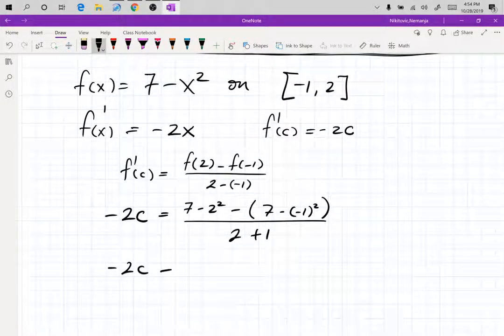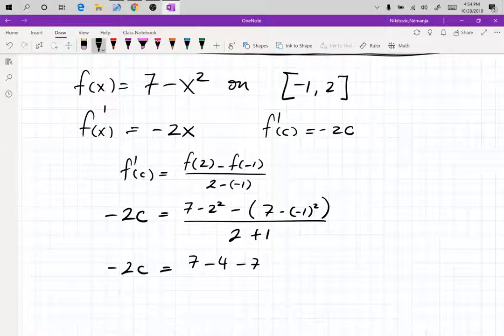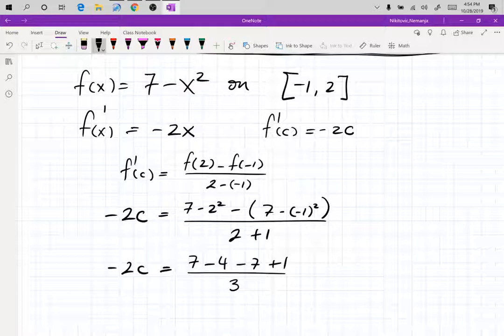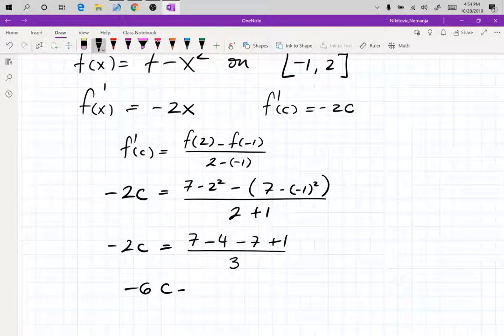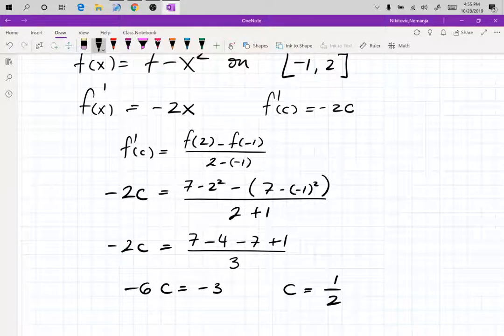Negative 2c is equal to 7 minus 4 minus 7 plus 1, because the square will kill the negative, and you still have negative 1, and then the negative from the front, divided by 3. So this is now going to be negative 6c is equal to negative 3. C equals 1/2. There we go.